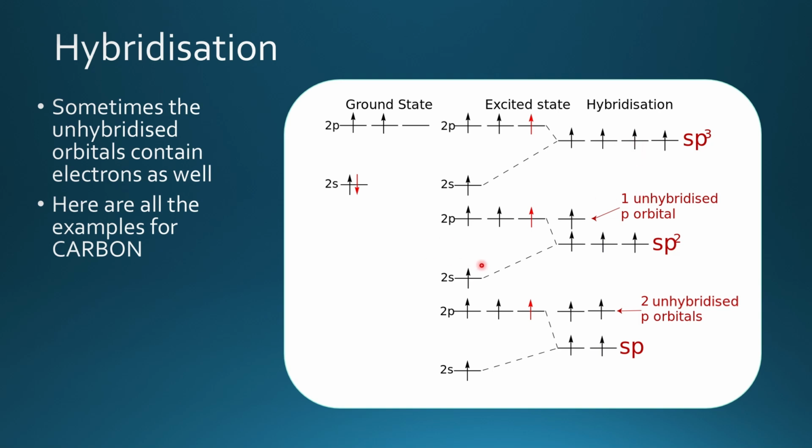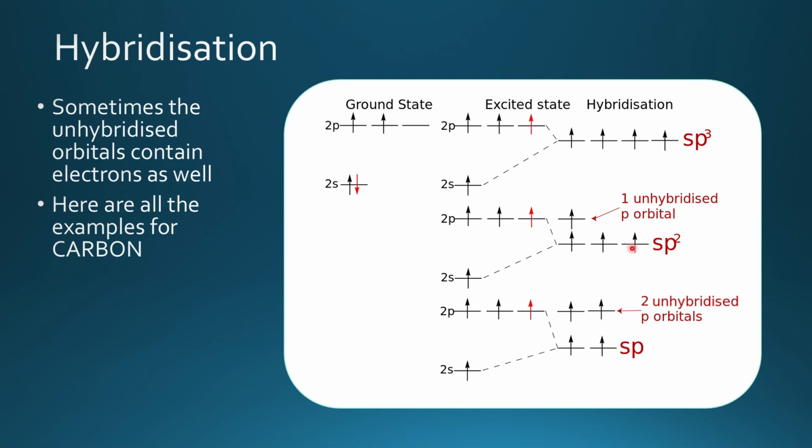Let's have a look. After the excitation, now I want a different hybridization, which is sp2. What is happening here? In this sp2 hybridization, it takes one s and two p's. It doesn't matter which p, but you'll notice we have one unhybridized p orbital.